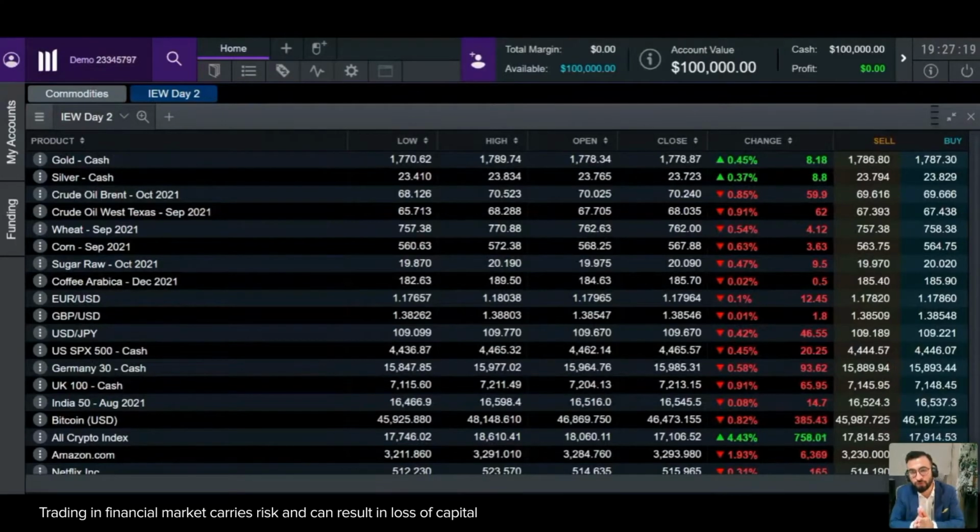This is followed by the fifth column, which tells you the change. Change is in percentage terms and also in dollar terms. How do you see the current price? Look at the extreme right column where you can see the buying and the selling prices. These are the live real-time prices which you are looking at right now. So gold, if I ask you right now, what is the current price of gold?